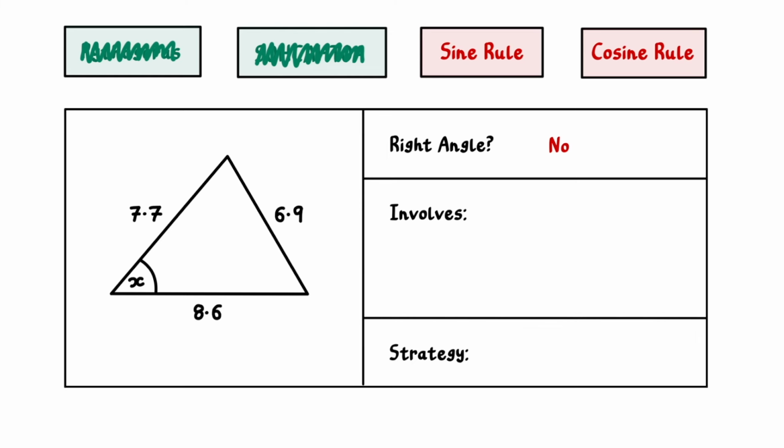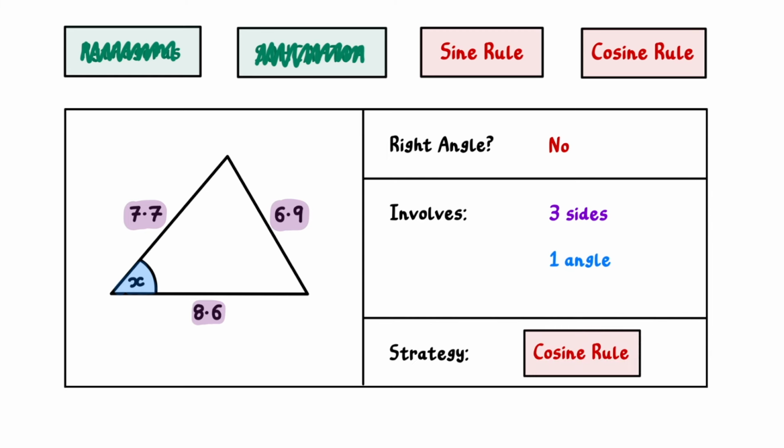Next, we should count the number of sides and angles labelled, including the unknown x. We have 3 sides and 1 angle. The sine rule requires 2 sides and 2 angles, whereas the cosine rule requires 3 sides and 1 angle. Since we have 3 sides and 1 angle, we'll want to opt for the cosine rule.